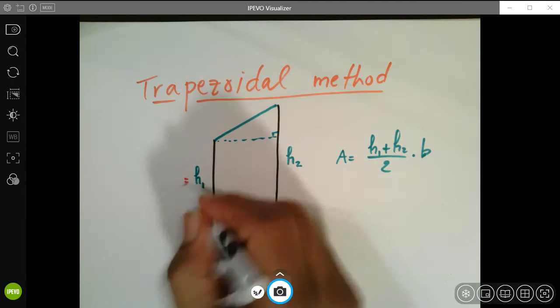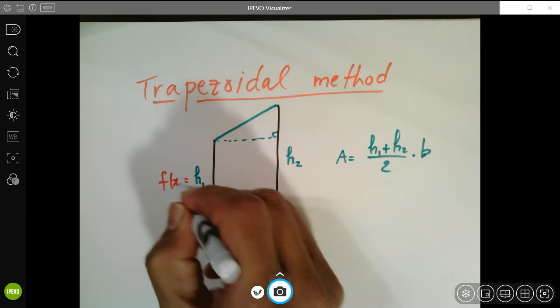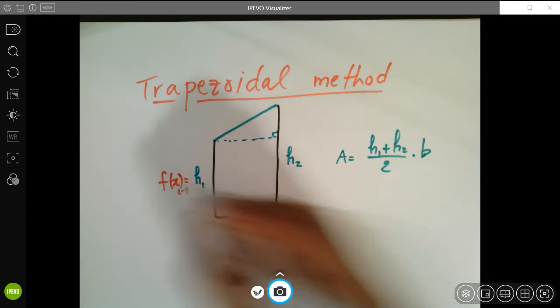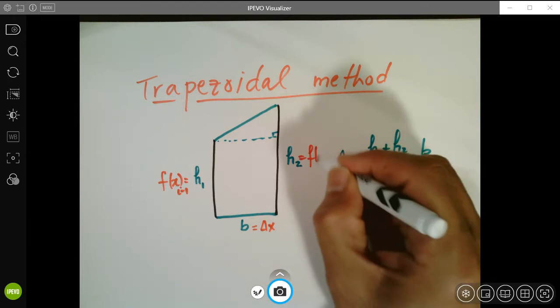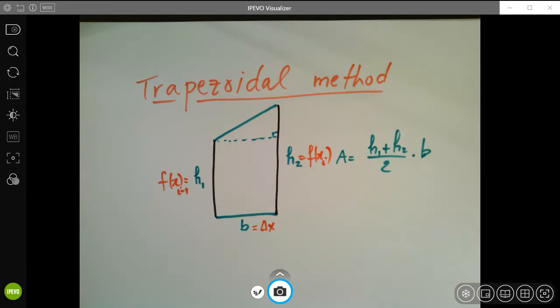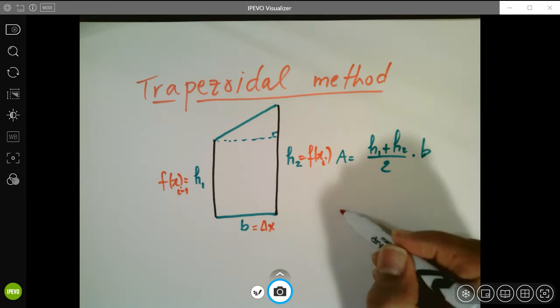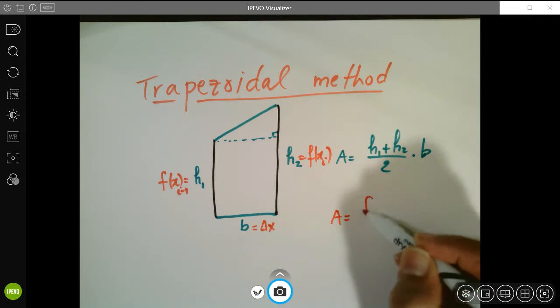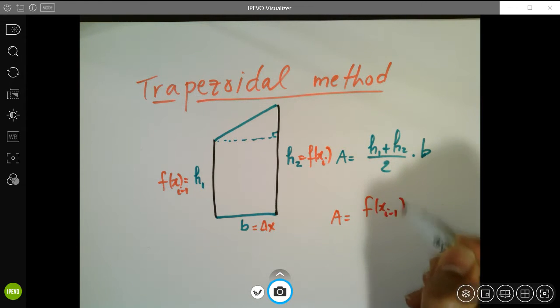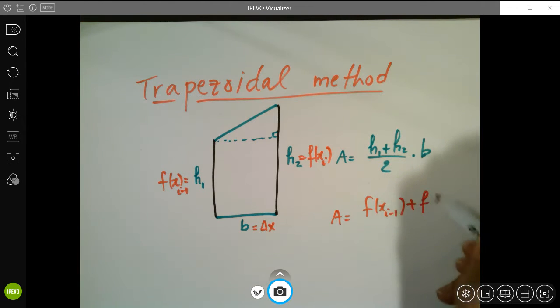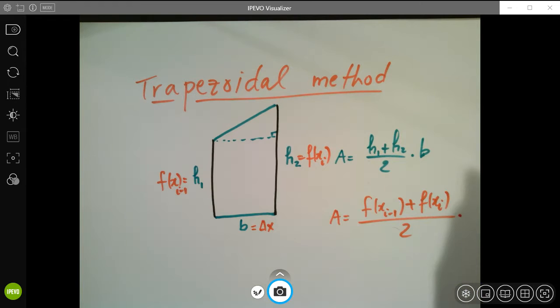So the area will be f of x_{i-1} plus f of x_i over 2, times delta x.